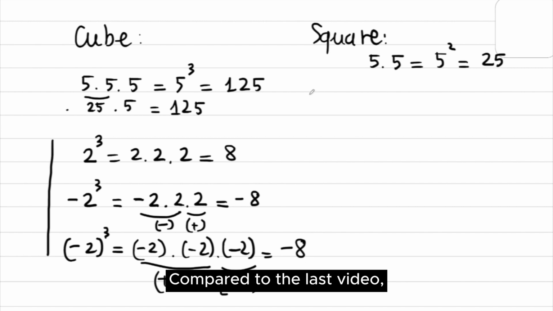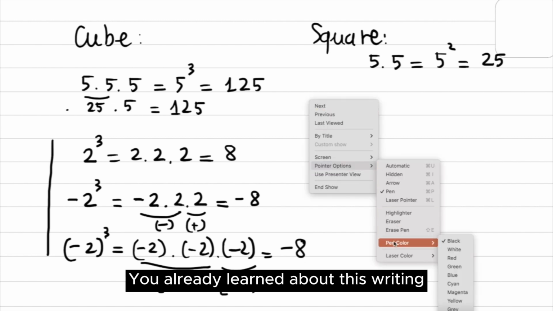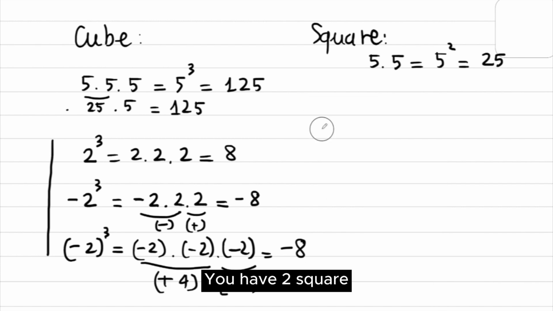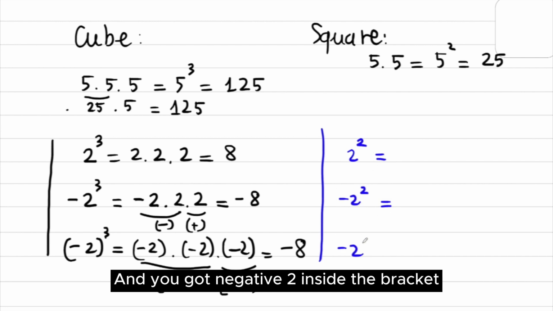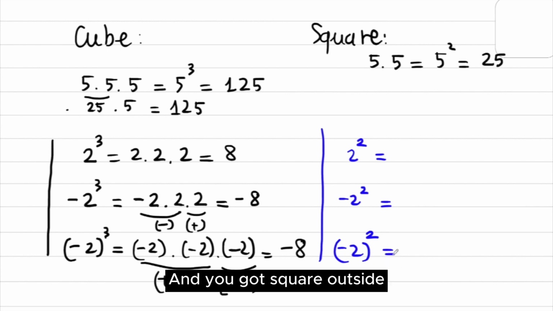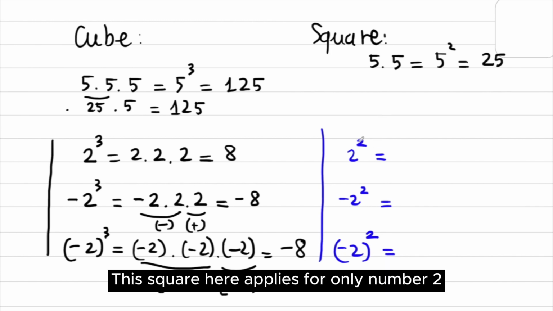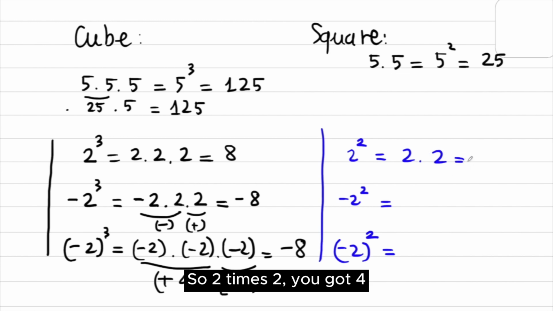Compared to the last video, you already learned about this writing. You have 2 squared, negative 2 squared, and negative 2 inside the bracket with the square outside. For the first writing, the square applies only to the number 2, so 2 times 2 gives 4, and then the negative sign gives negative 4.